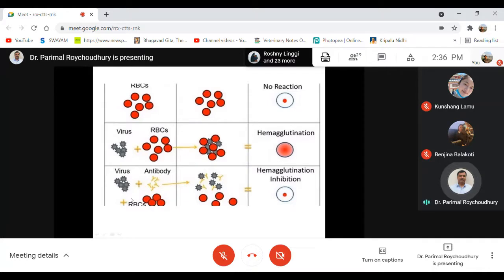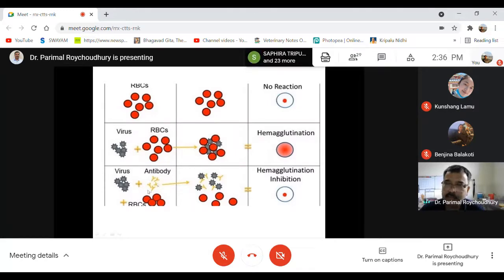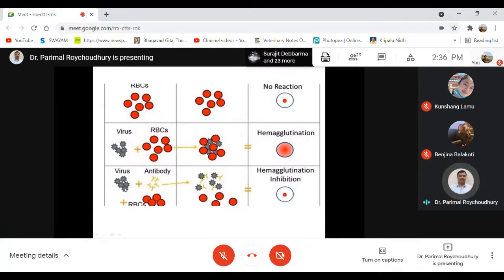In the HI test, we check whether antibodies are present in the serum sample. For example, you vaccinate a bird and want to know whether it is developing immunity. You collect the serum, mix it with a known virus, incubate for half an hour, and after that mix with RBCs.